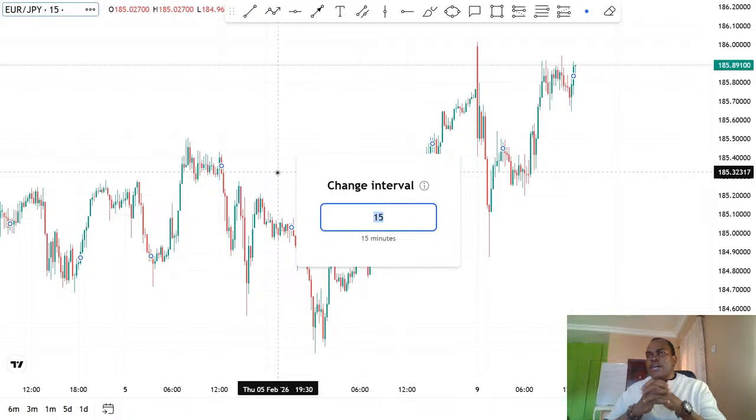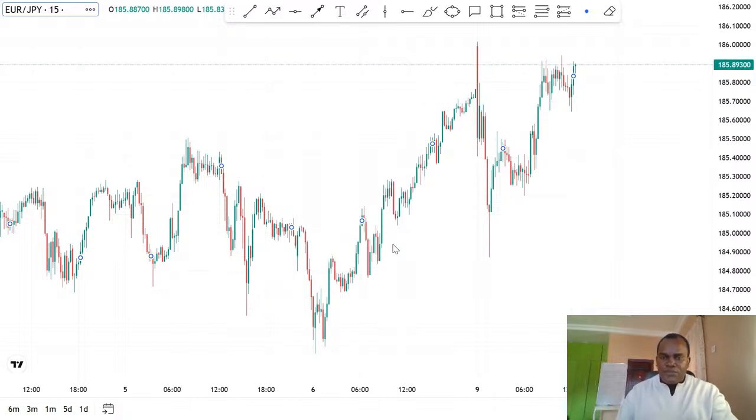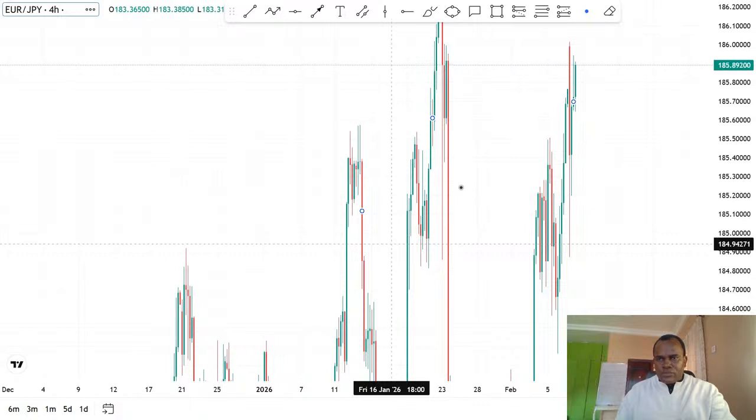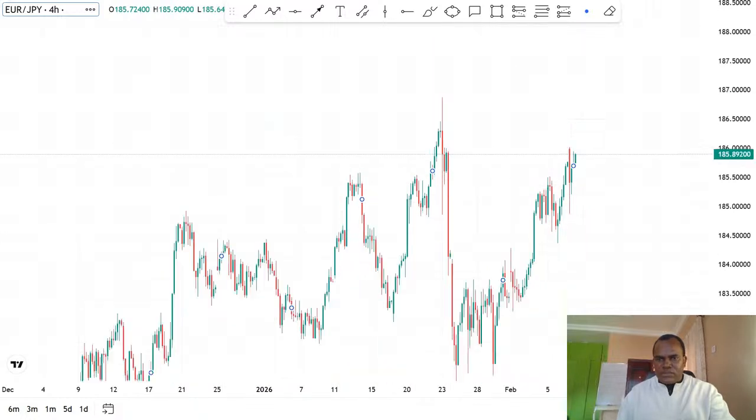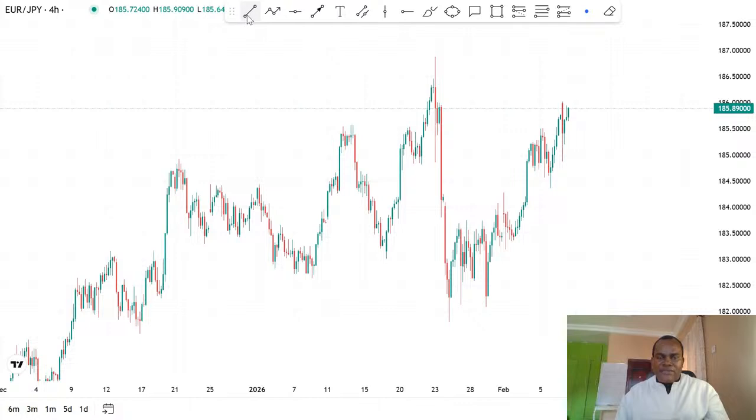By the way, just so you know, I trade top-down analysis and of course smart money concept. Let me see what 4 hours is looking like. Okay, on 4 hours, I have my break of structure to the upside here.